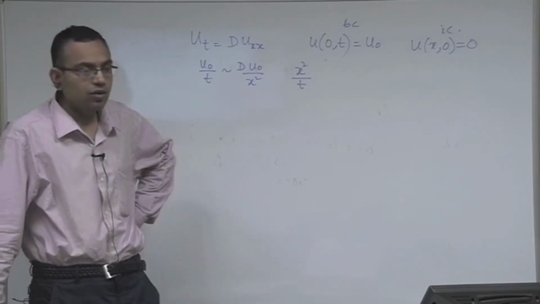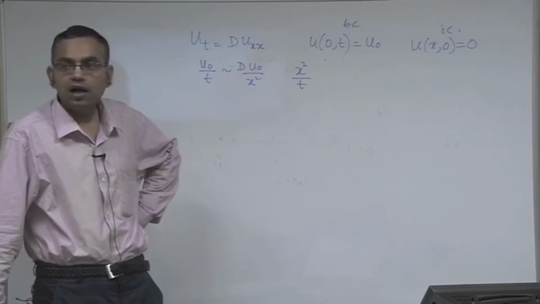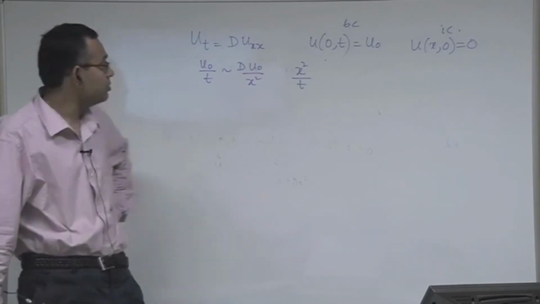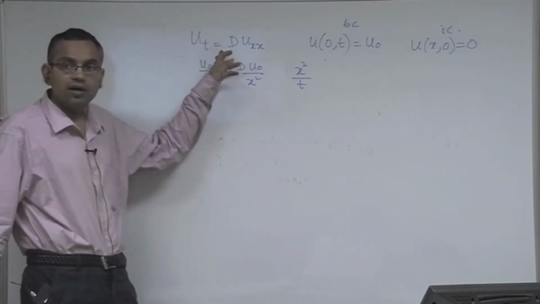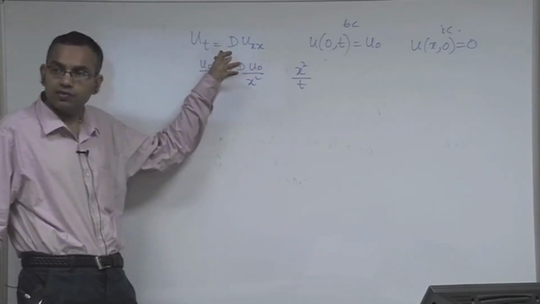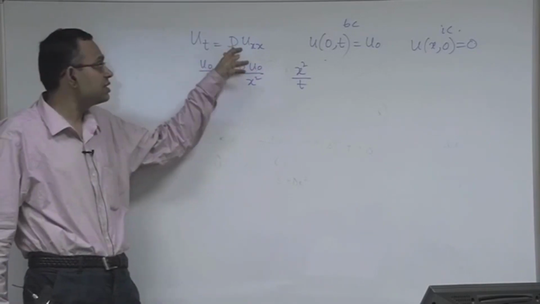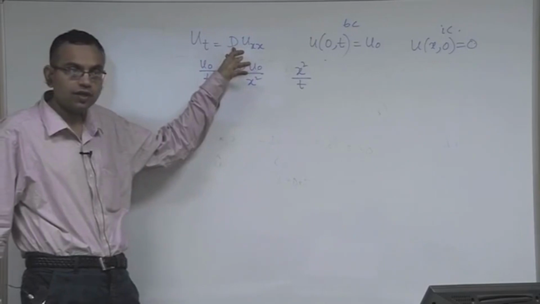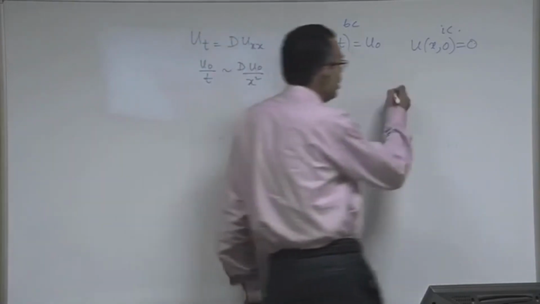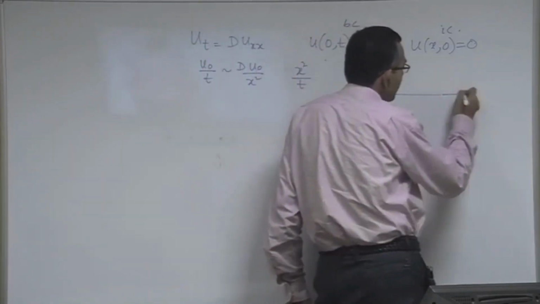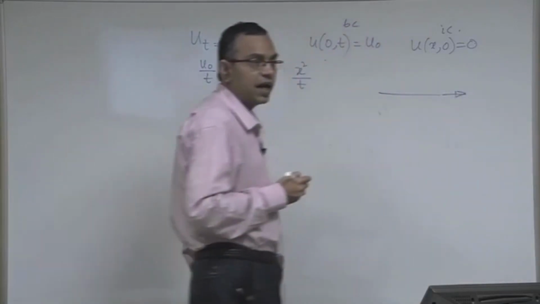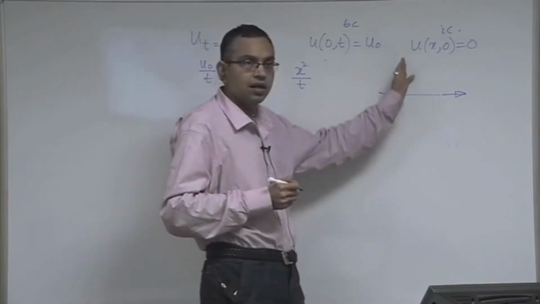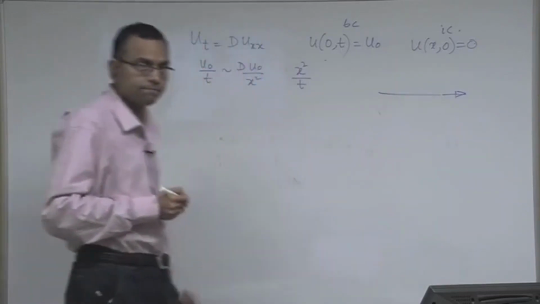So we had worked out a problem; where is the similarity between this and the Stokes first problem? This is the governing differential equation for the Stokes first problem, with d replaced by the kinematic viscosity. So what is the Stokes first problem? If you recall, there is a plate which is impulsively moved at time equal to 0, and you want to study the velocity field because of the movement of the plate.